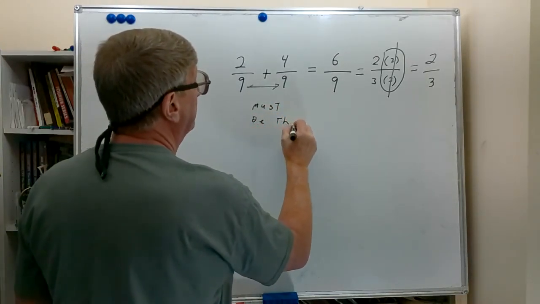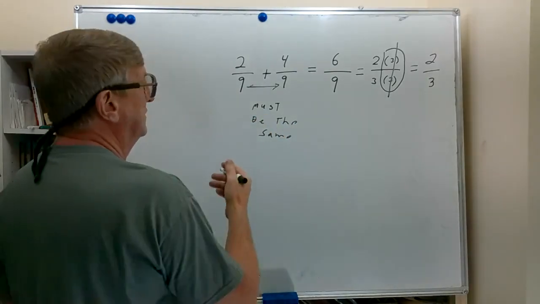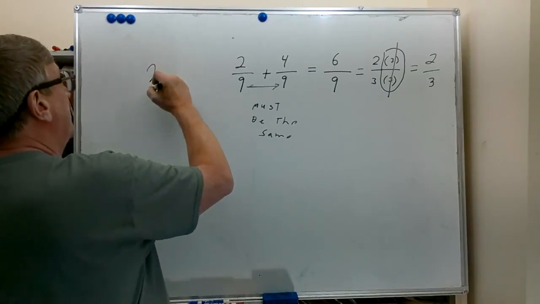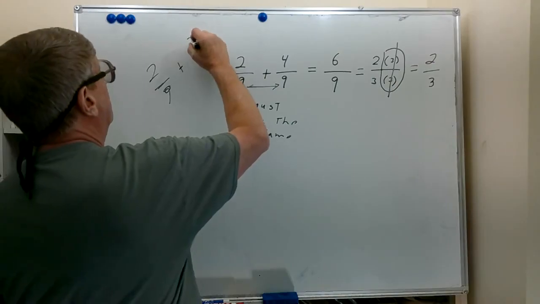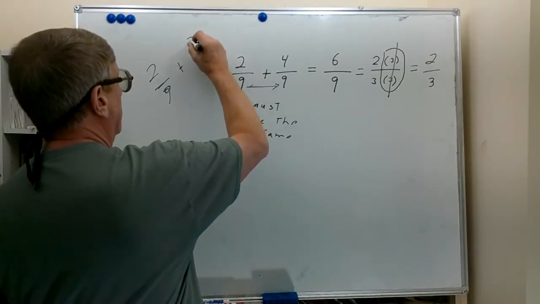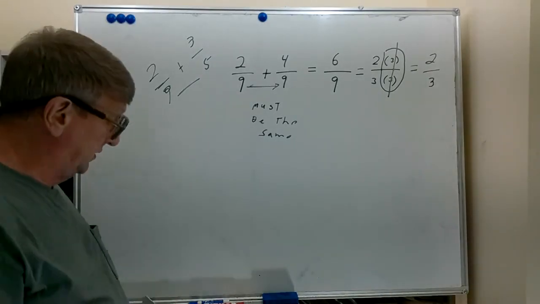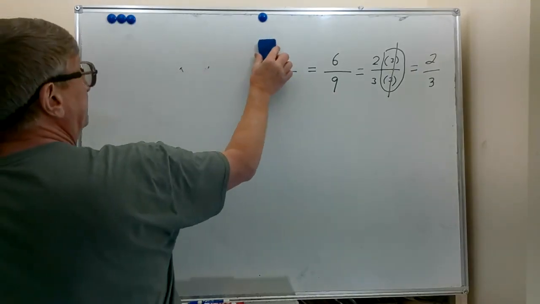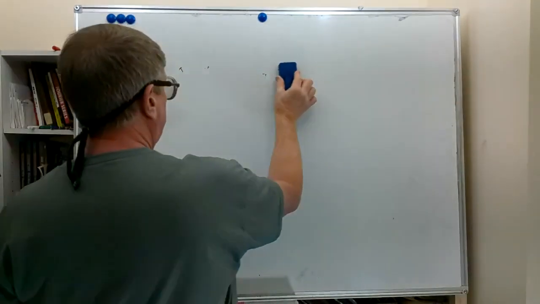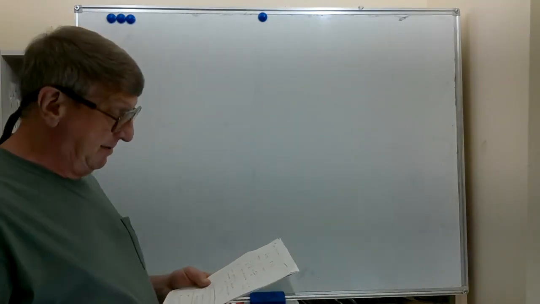We could not add, say, 2 ninths plus 3/5. These would be different denominators. That would be a bad news thing. It would not work.